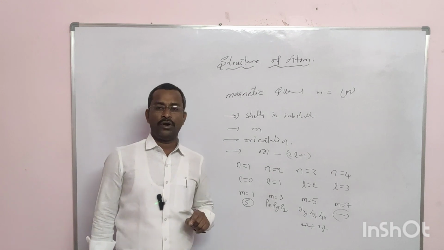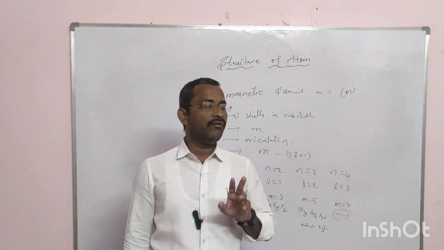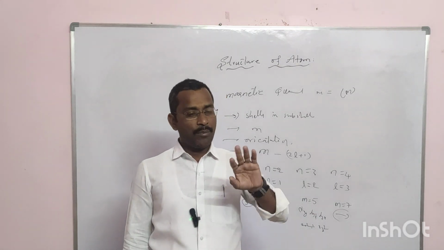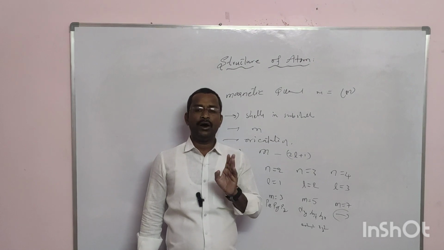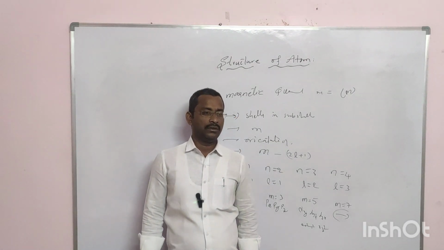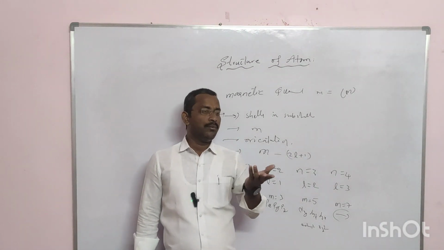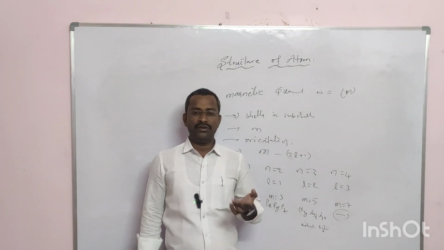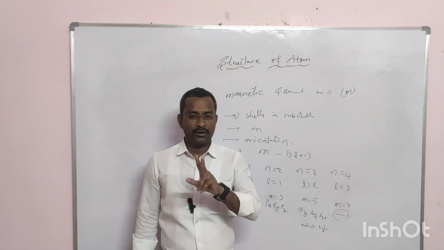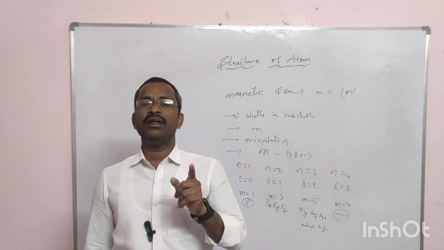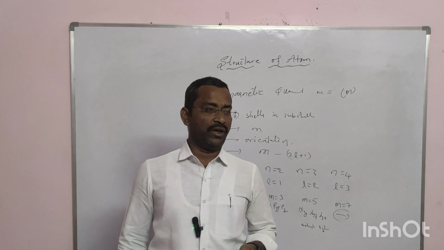And there is a last quantum number, known as the spin quantum number, which tells about the revolving of electrons around the nucleus. One thing should be remembered: each orbital should be occupied by only 2 electrons, according to the spin quantum number, whether it is px, py, pz, or whatever. One should be revolving in a clockwise direction and one in an anti-clockwise direction.